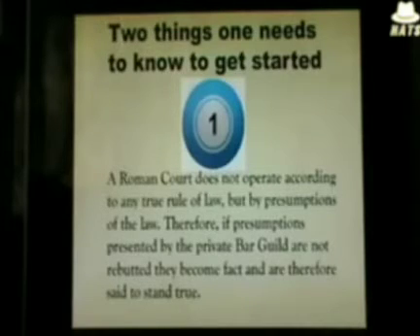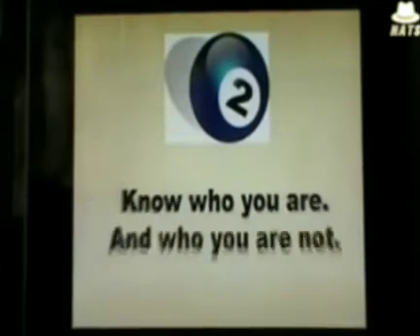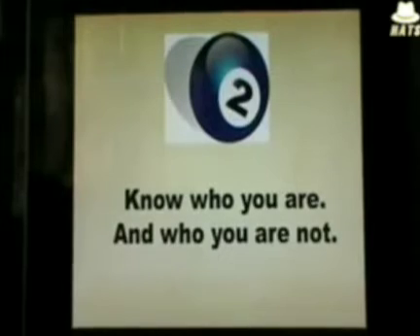So get that very, very clear. Rebut the presumptions and they have no standing. If you don't rebut them, they become fact. And the other thing is to know who you are and who you are not.